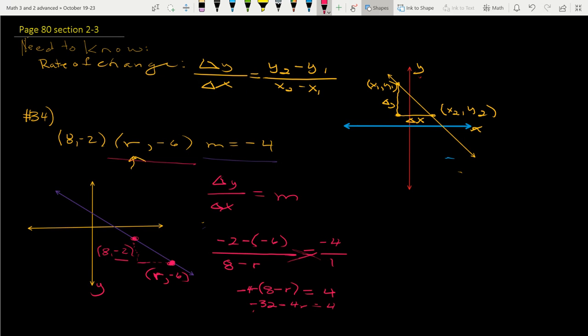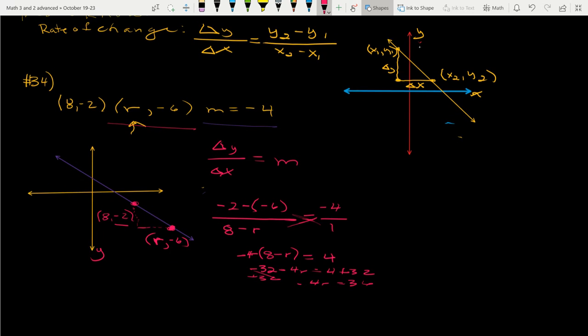So I'm going to add my 32 here, and I'm going to add my 32 here. And so then I'm going to get -4r equals 36. And if I divide both sides by -4, my r is going to be -9.